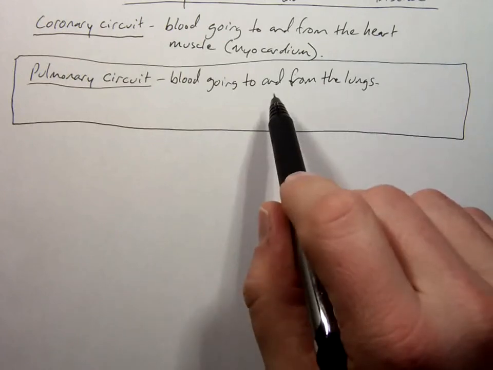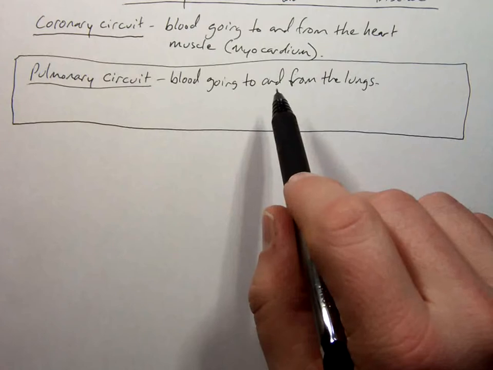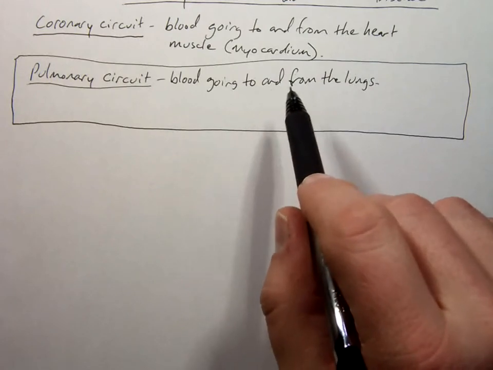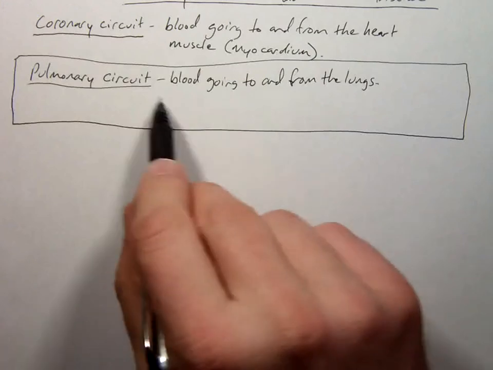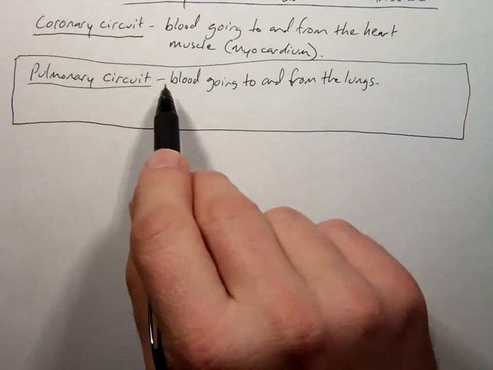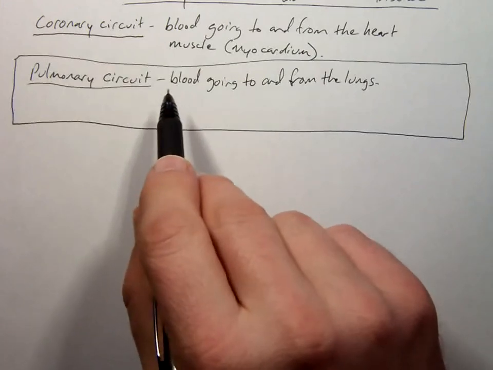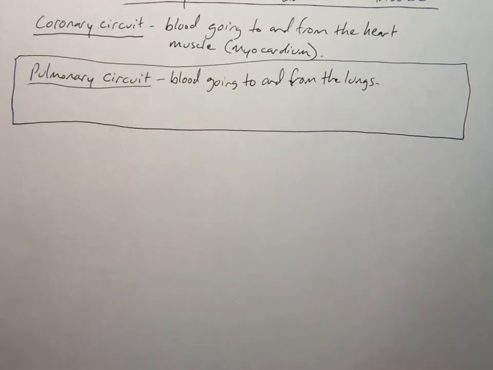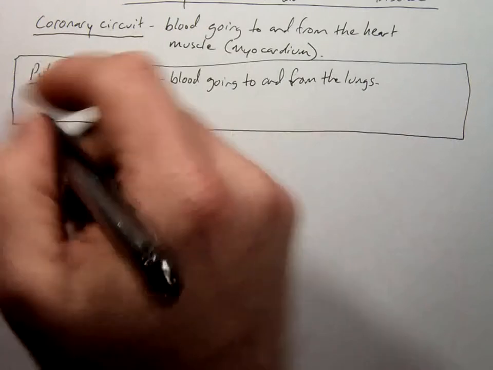What's the goal of this circuit? Yes, to put oxygen into the bloodstream. So we're sending it to the lungs. The pulmonary circuit's very simple. It starts with the pulmonary trunk and ends with the pulmonary veins. It's that short trip to and from the lungs to pick up oxygen.